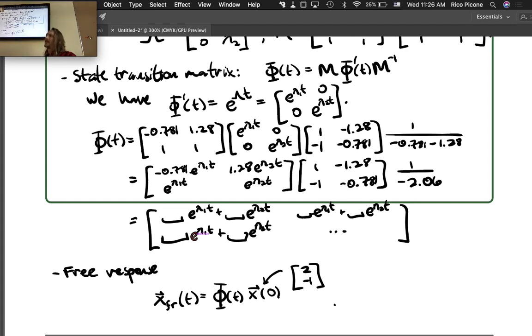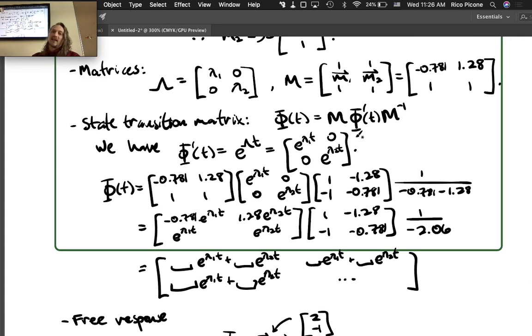I might ask you what's the free response in the primed coordinates? That might be a good question because the state transition matrix in primed coordinates is just that, right? And that one's super easy. So I might say, what's the free response in primed coordinates?